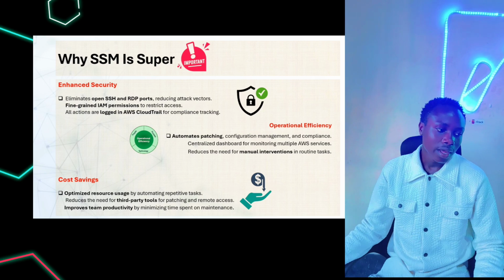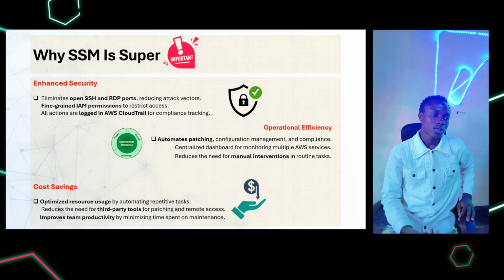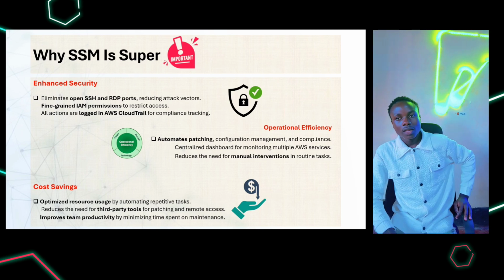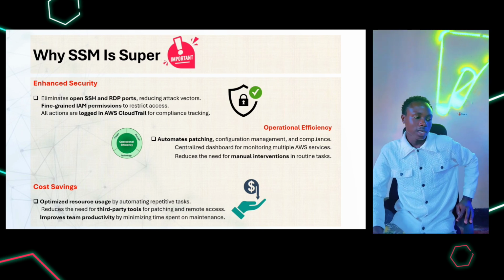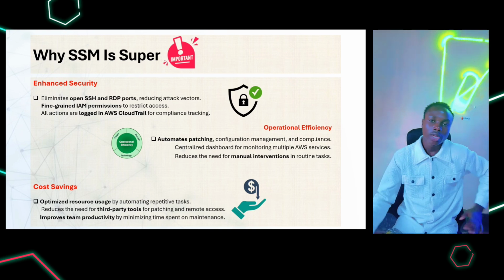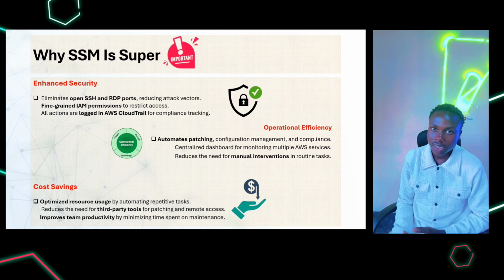So we were talking about why it is super. It's also about streamlining inventory and patching. The importance of patching we've already looked at. We have configuration information and application tracking, and also automated deployment at scale. And also we can have policy compliance.